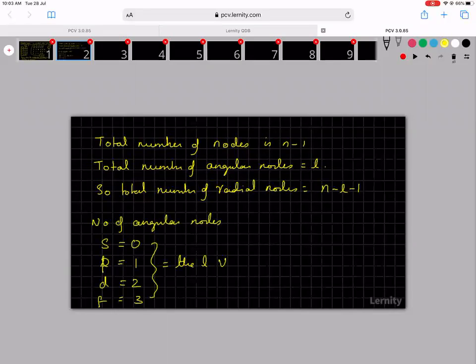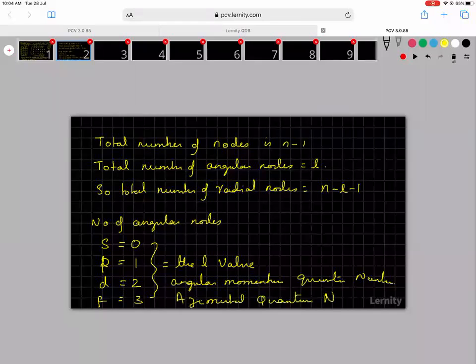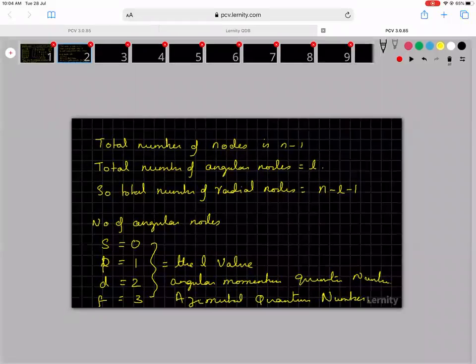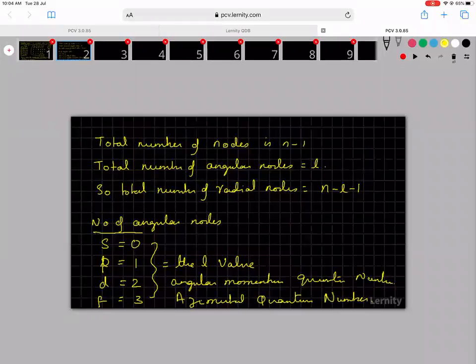The L value, also called the angular momentum quantum number, which we popularly call the azimuthal quantum number. So this is the number of angular nodes. From here you will get the number of radial nodes.